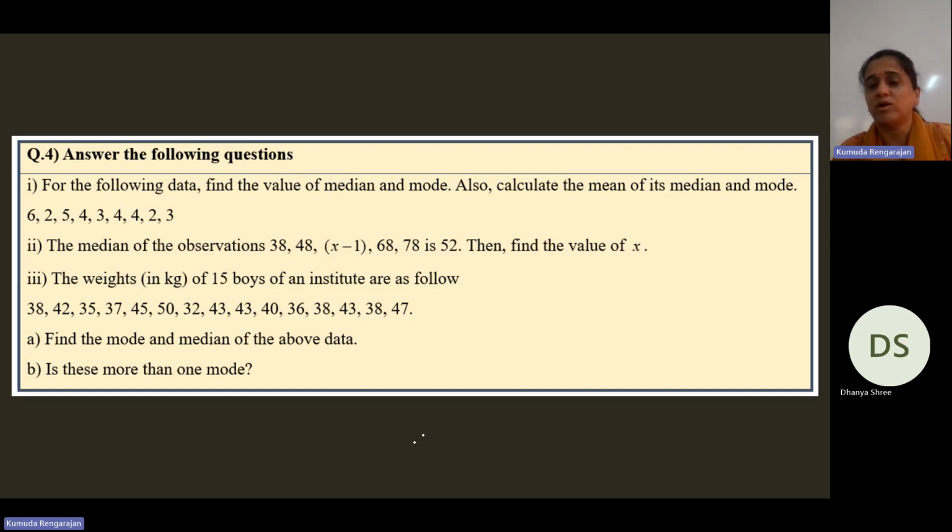In English class, calculate the mean of its median and mode. "Its" refers to the data. Find the mean of the median and mode of the data.